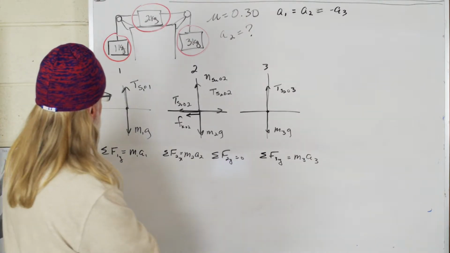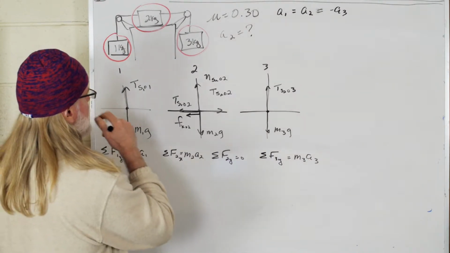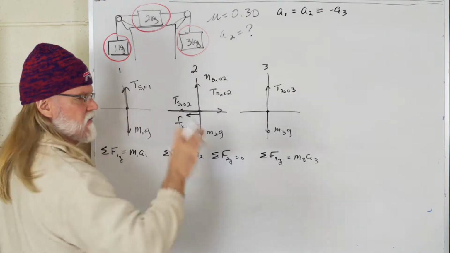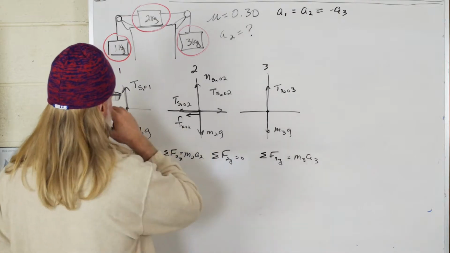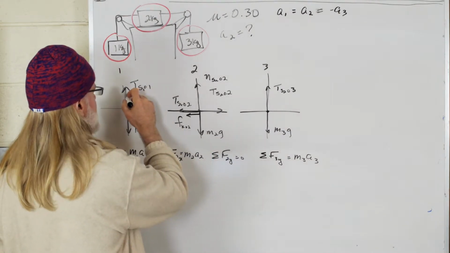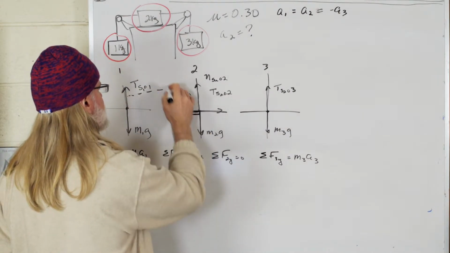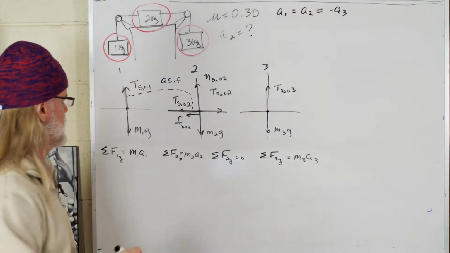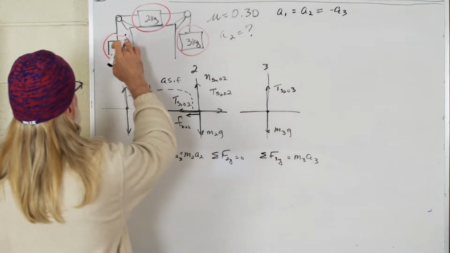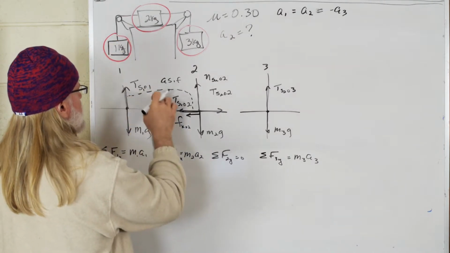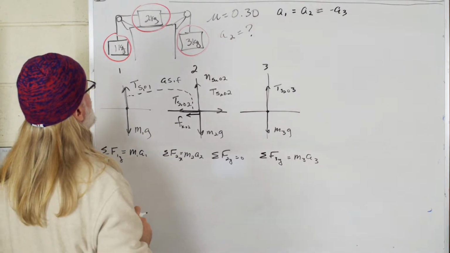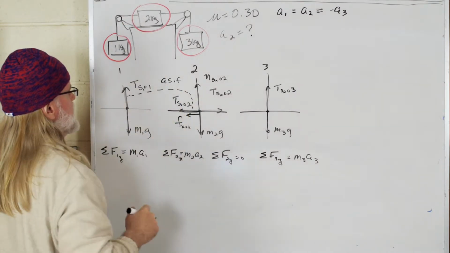Now let's take a look at our Newton's third law pairs. We see that the tension, assuming this is a massless string, these will act as if they are Newton's third law pairs. Okay, the tension of the string on 1 is going to be the same as the tension of the string on 2, the first string on 2 anyway.